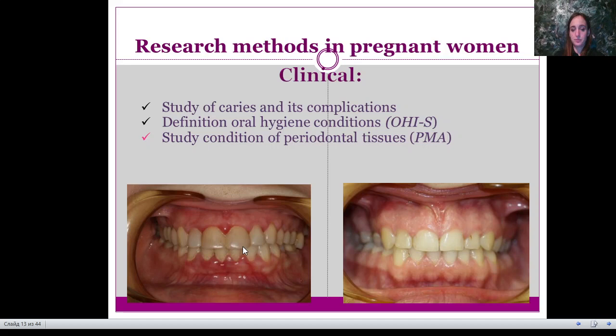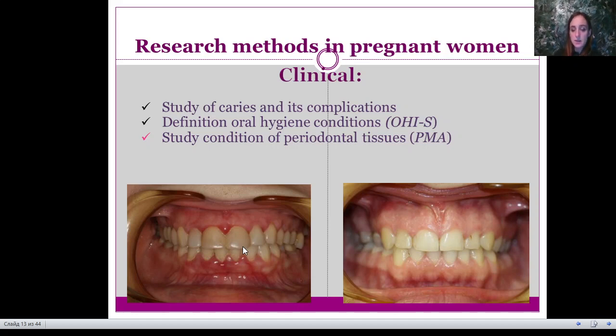Because of course, pregnant women have problems with bleeding of gums and gum diseases, and changing hormonal levels during pregnancy mean that the body of this woman will react differently to bacteria on the teeth or on plaque of the teeth.